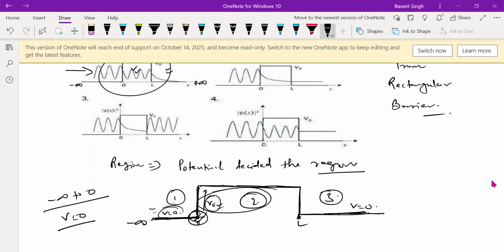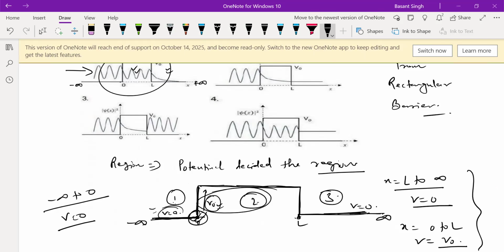Similarly, from x equal to L to infinity, the potential is 0 also. But in this region, from x equal to 0 to L, the potential is V0. That is given in the question.